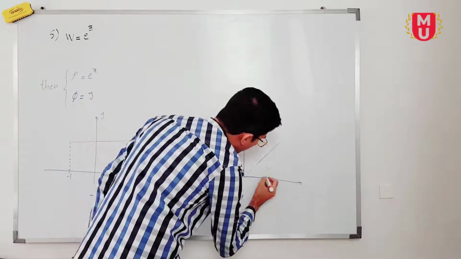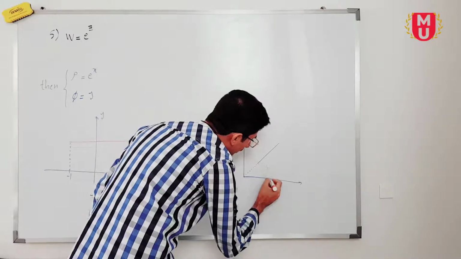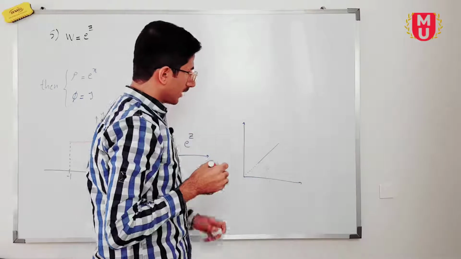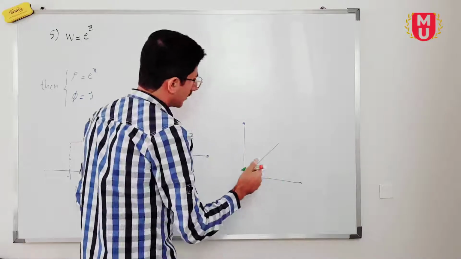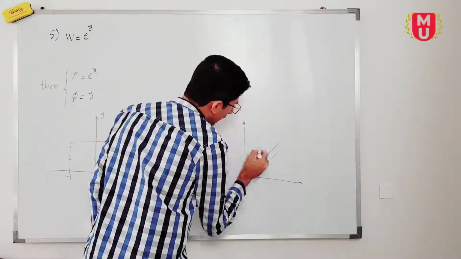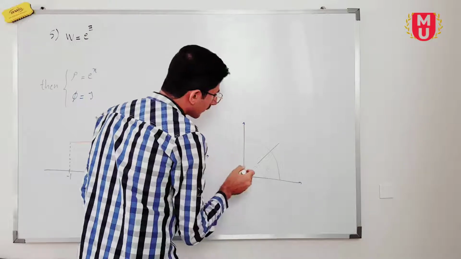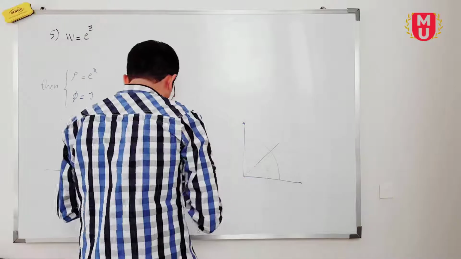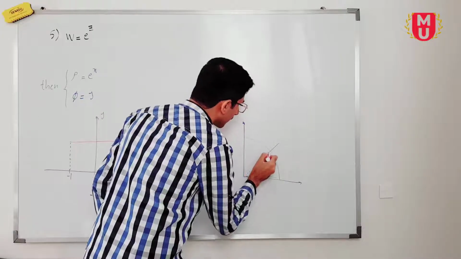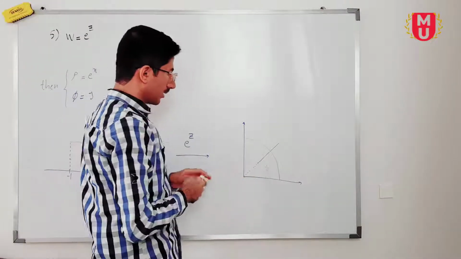It is lower than 1. 1 is here, and 1 over e, as e is 2.7, it's lower. And another radius is e to the 2. It's bigger than 1, somewhere like this. This is our converted region. I again show it with orange color. This simple line converted to this.